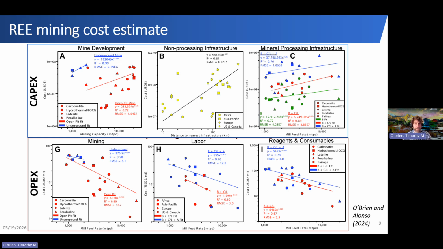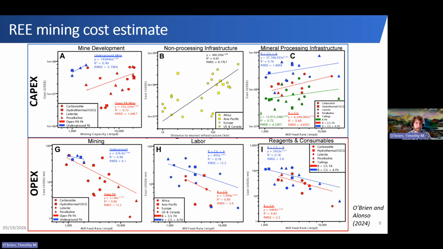Each one is modeled as a function of the mill feed rate. And similarly, for each one, as you increase the feed rate, the costs decrease, indicating that we have economies of scale, so becoming more optimal.